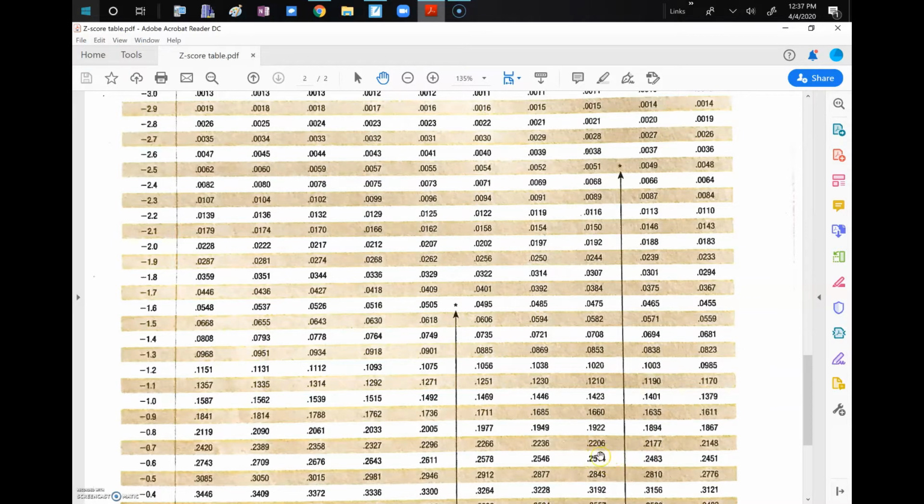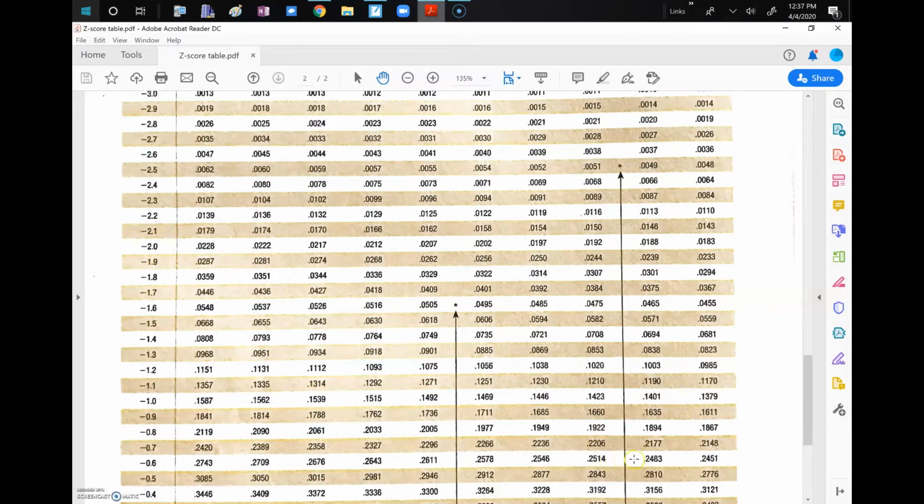So I'm looking at this value in my table. How I would read that is I would look to the left, and the row is going to tell me my first digit, or the whole number in the tenths place, so negative 0.6, and then the header is going to tell me where the hundredths place, or the second decimal place, would be. Now scrolling up in the chart, because it is a PDF, is a little tricky.